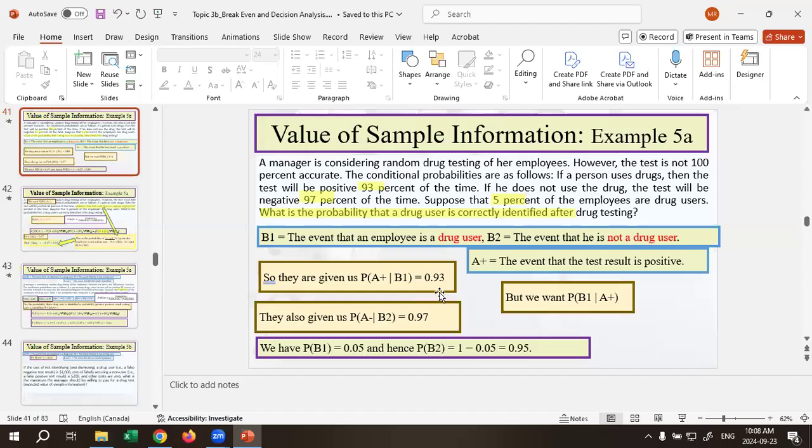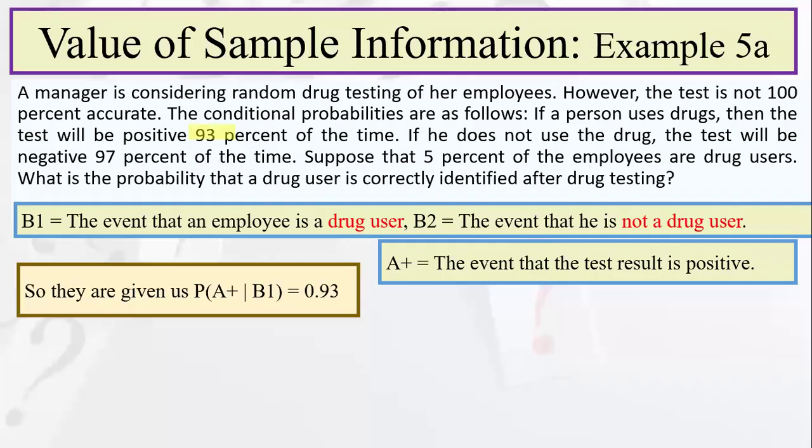Probability of A plus given B1 plus probability of A minus given B1 is going to be 1. Not these two. Probability of A minus given B2 plus probability of A minus given B1, add them together, is 0.1 also. Can you repeat, sir? I'll repeat.